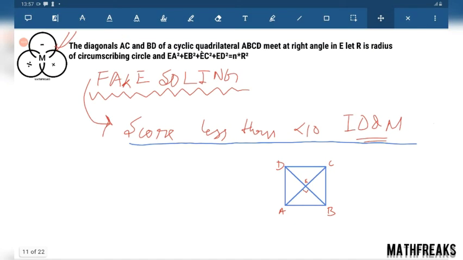We have been given EA square plus EB square plus EC square plus ED square equals nR square.